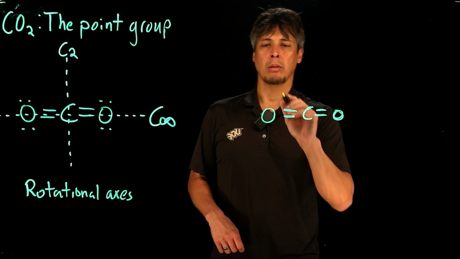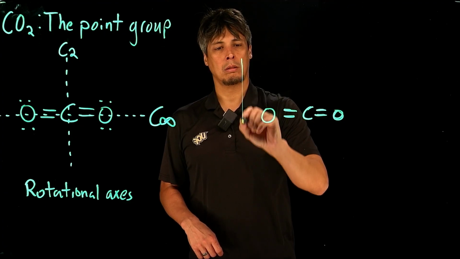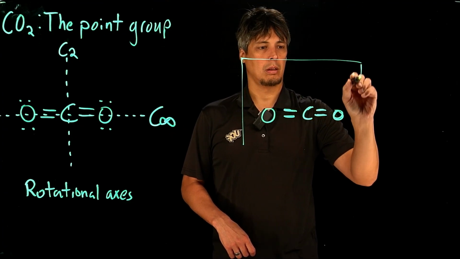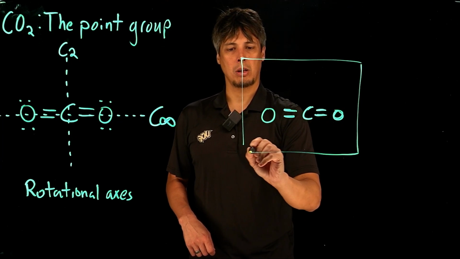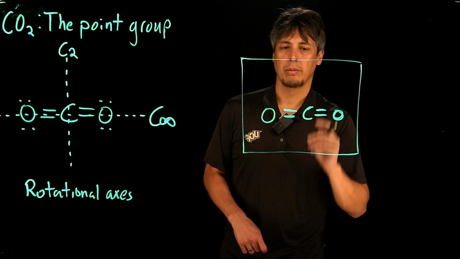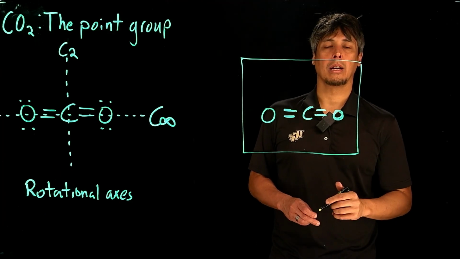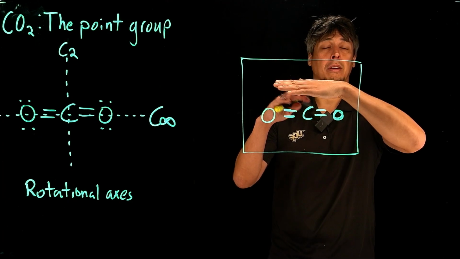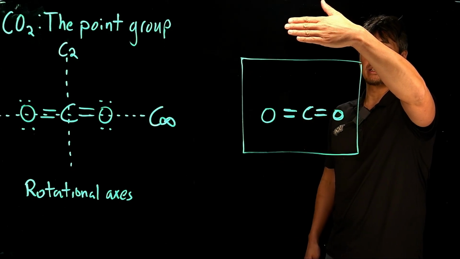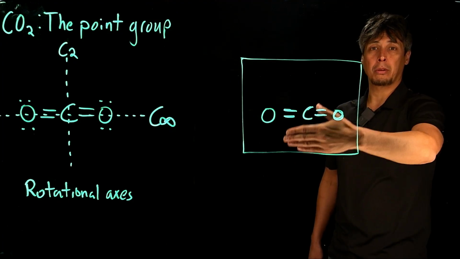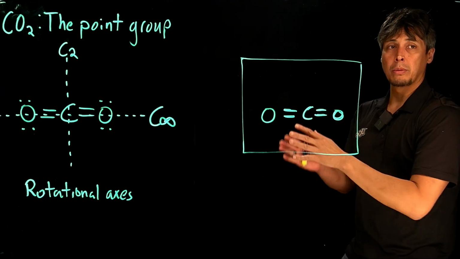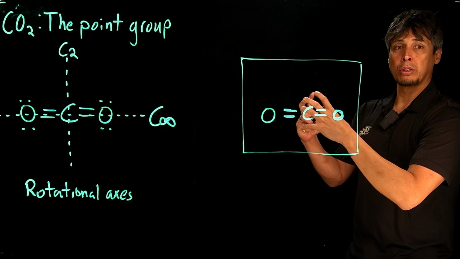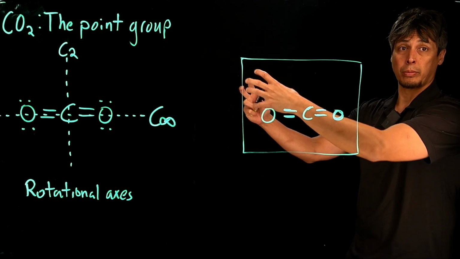If we put a mirror in the center of the molecule, splitting the carbon dioxide and the atoms in half, what we would see is that both sides of the mirror are identical.